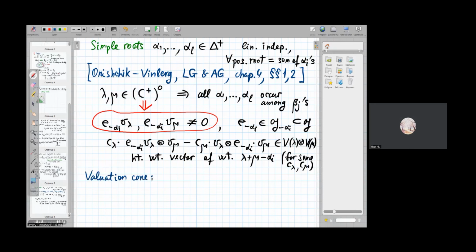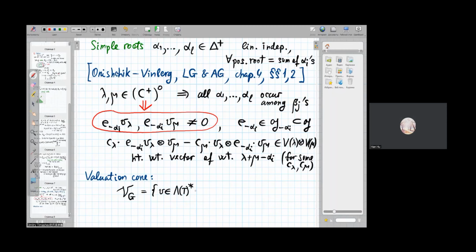So the valuation cone V sub G in this case will be given by inequalities, as always, defined from tails. It consists of vectors in the vector space spanned by the dual of the weight lattice.